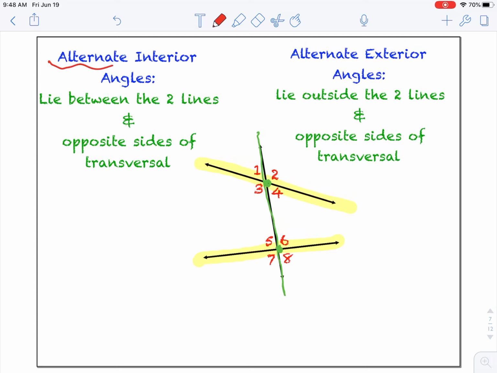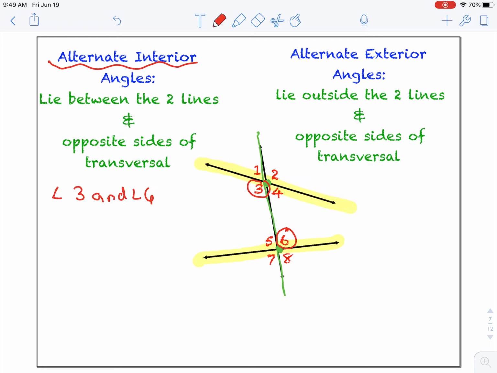The first one we're going to look at is called alternate interior angles. Alternate, what does that mean? It kind of means going back and forth. We're alternating back and forth. Well, so what we're doing is we're alternating back and forth across the transversal, and it is on the interior of the parallel lines.